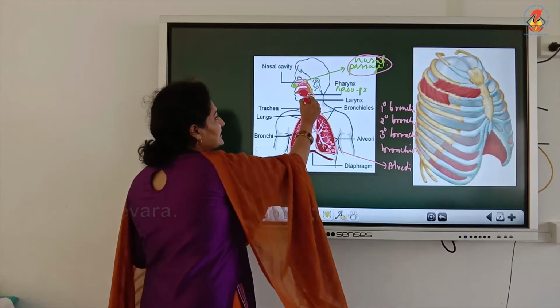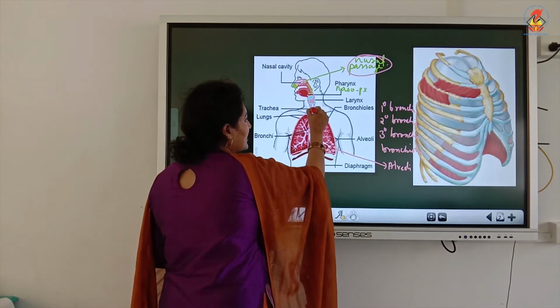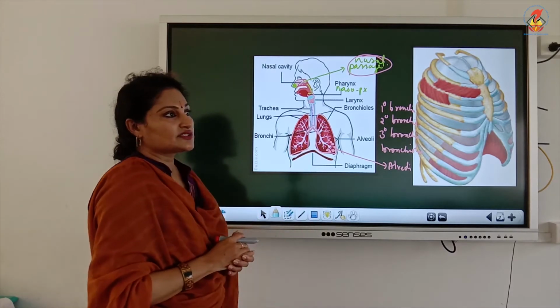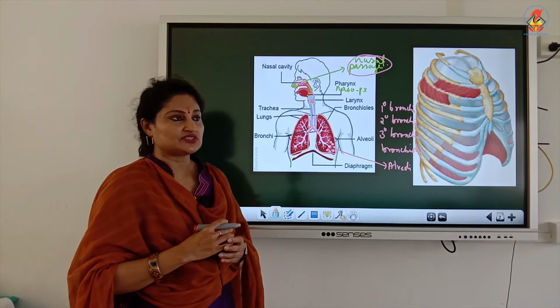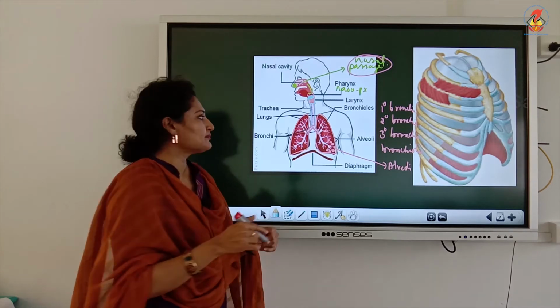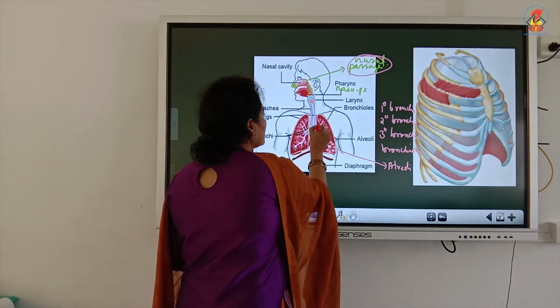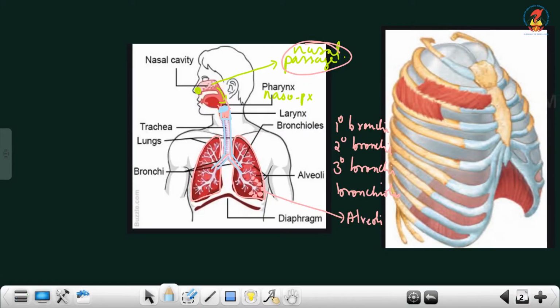Now the larynx leads into the trachea. The trachea is a straight vertical tube which runs down to the mid thoracic cavity, and somewhere around the fifth vertebra it divides into the right and left bronchi. Each bronchus enters the lungs, and within the lungs what happens? The bronchus divides and redivides, and the division goes this way.